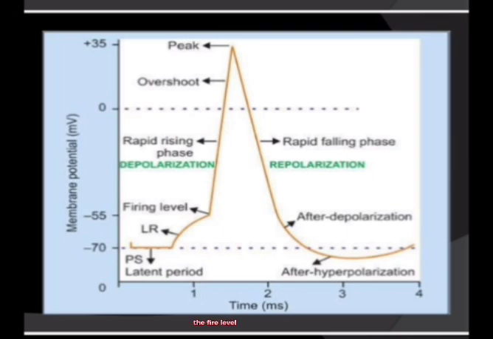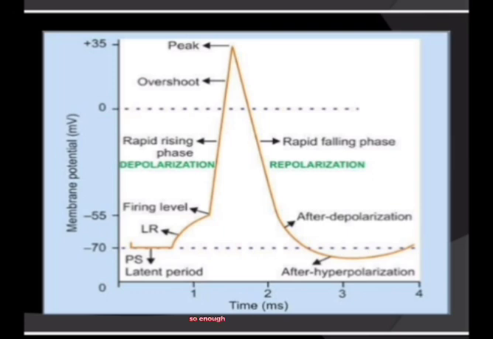The firing level begins, or there is a gradual alteration of resting membrane potential due to slow influx of current into the nerve cell.